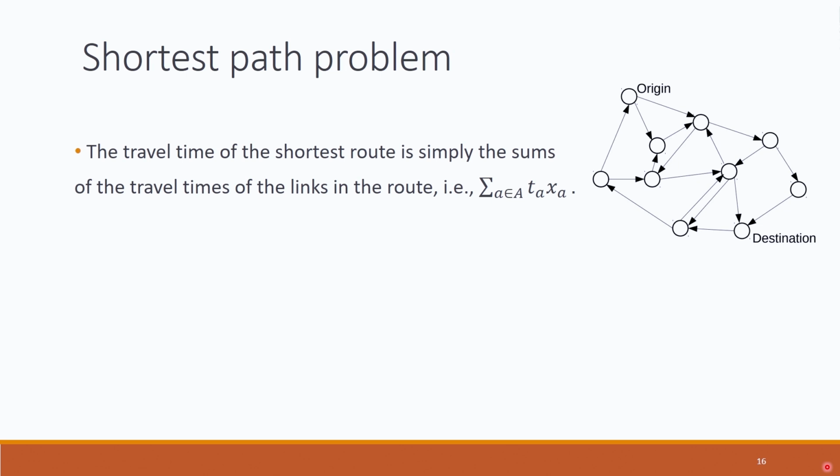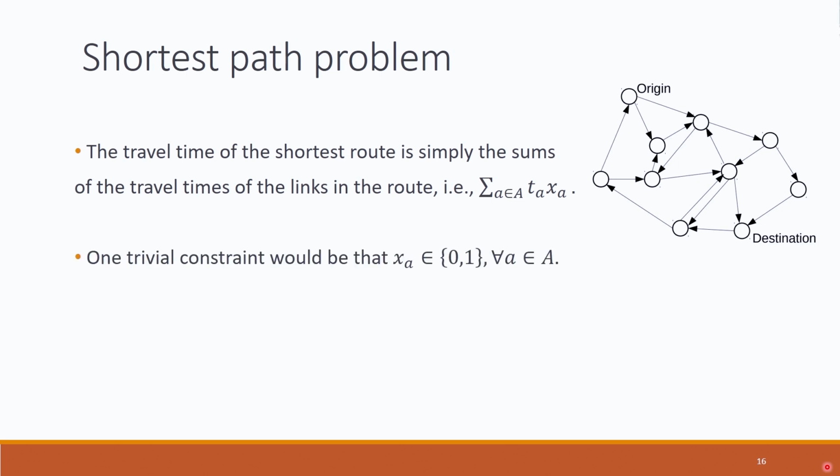So only the links that are selected in the shortest path will have x_a equal to 1, and for them we will be summing up the travel times in this summation. Now one trivial constraint that exists is that x_a, the decision variable that we have defined, is binary.